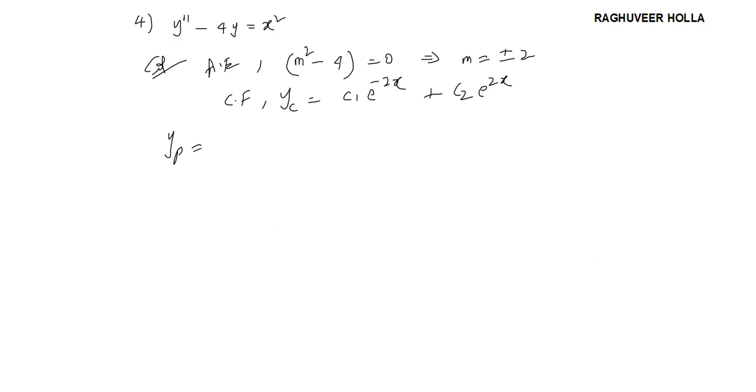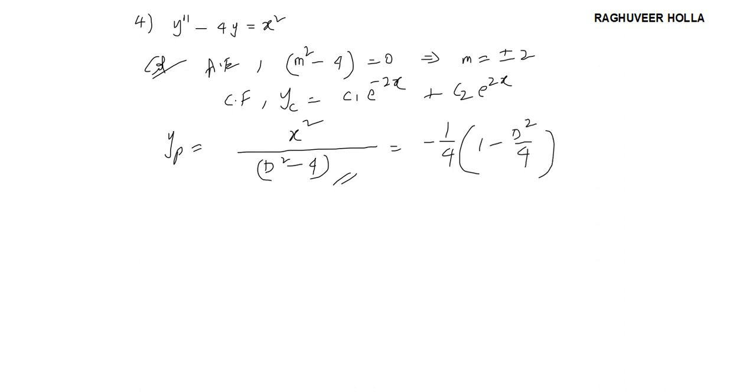So yp would be x square divided by whatever is given, that is d square and this. So if I take minus 4 outside, I'll be dividing by 1 by 4, and if I bring this on the numerator, I get 1 minus d square divided by 4.